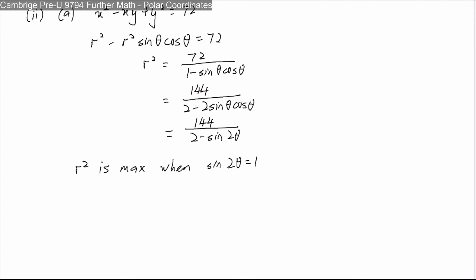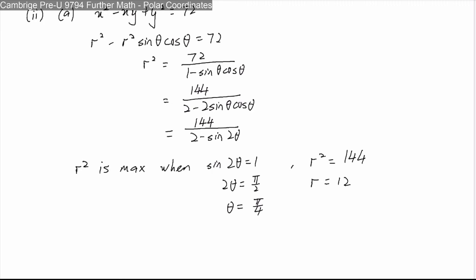So if sine 2 theta equals 1, then r squared is 144, for which r is 12. Okay, so this will happen when 2 theta is equal to pi over 2, where theta is equal to pi over 4 in that case. Okay, so this is the point that we have for the maximum.